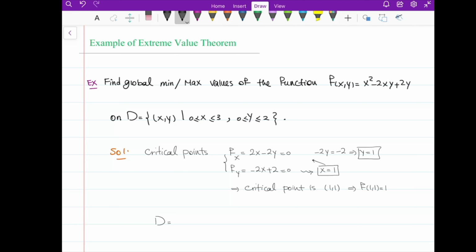Let me write the formula for D first: fxx, fxy, fyx, and fyy. fxx is equal to 2, fxy negative 2, fyx negative 2, fyy 0. So D is negative 4, which is negative, therefore the point (1, 1) is a saddle point.